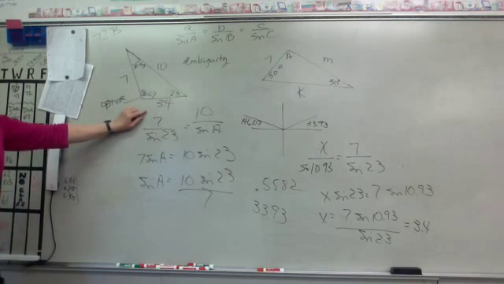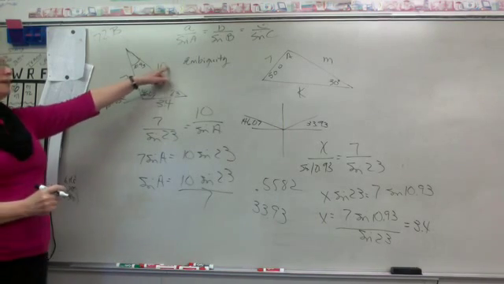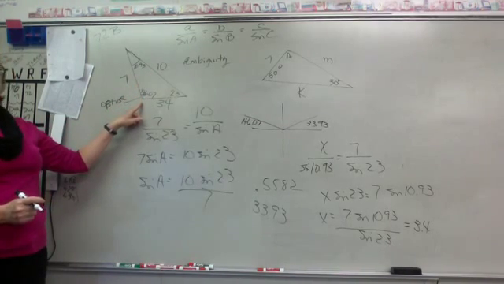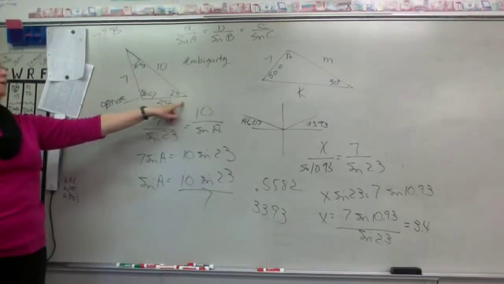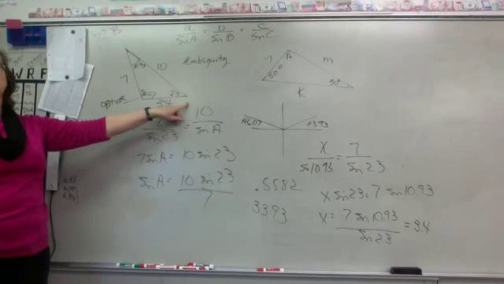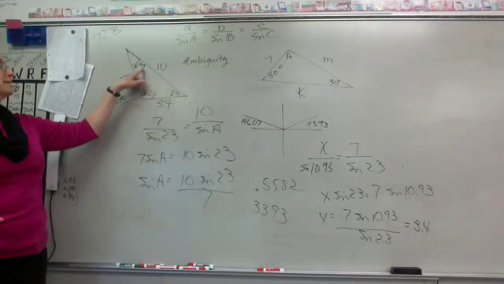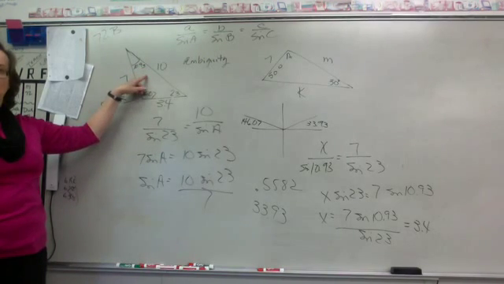Now look at the problem. Does that look like a reasonable answer? It does, because why? There's my largest side, opposite is the largest angle. There's my middle side, opposite is the middle angle. There's my smallest side, twice as small, opposite is the smallest angle.